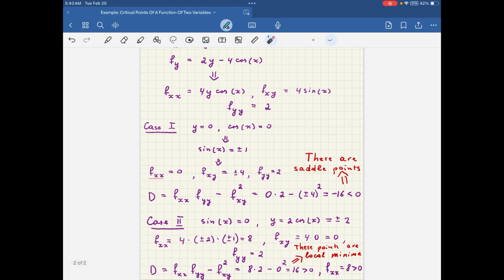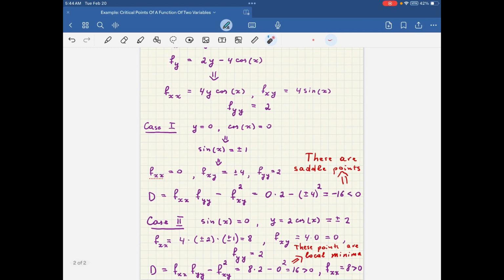And based on these numbers, we then compute the number called D. D stands for the discriminant. That number is computed by multiplying fxx and fyy and then subtracting the square of the mixed partial derivative. And we get 0 times 2 minus positive or negative 4 squared. This gives us negative 16. We find that for these critical points, the discriminant is negative, and the second derivative test tells us that this means that these points are saddle points.